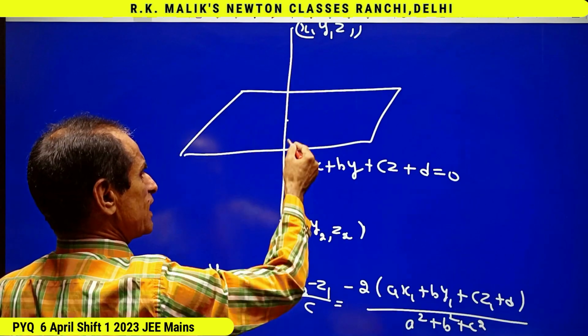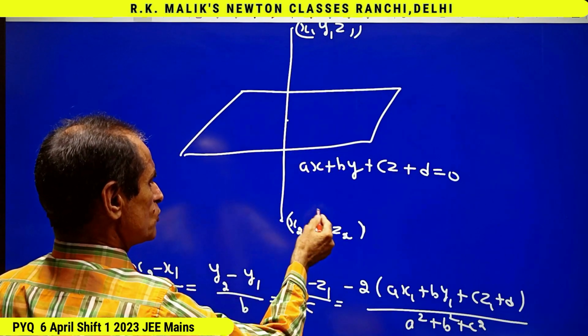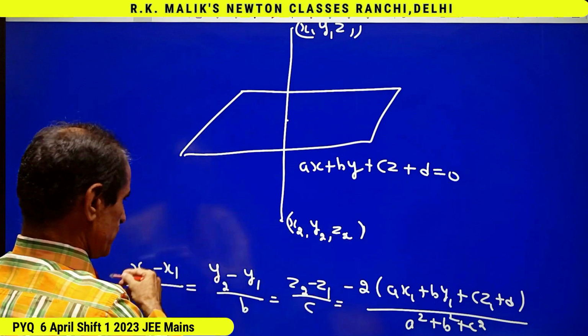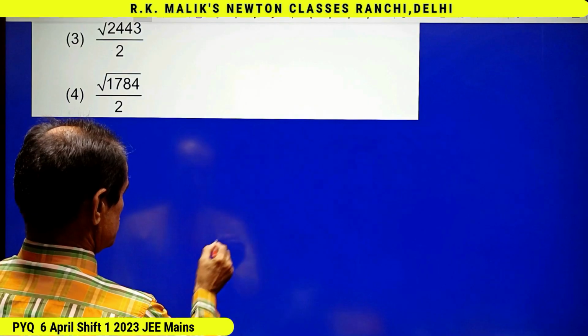That is, if this point and the equation of the plane are known to you, you can find the coordinates of the image point with the help of this formula.